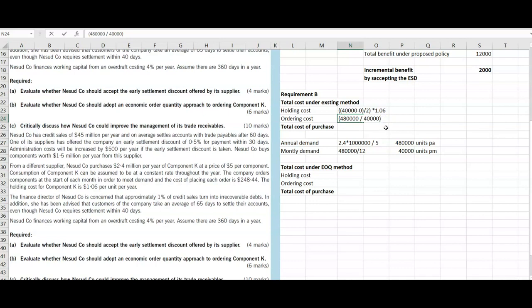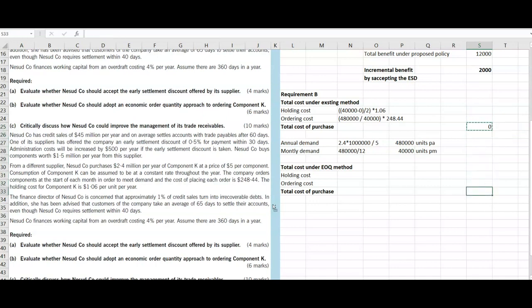Yes, I think it's 12 orders into each order cost, which comes to 248.44. So that is the amount. Once that is done, we can get the sum here.